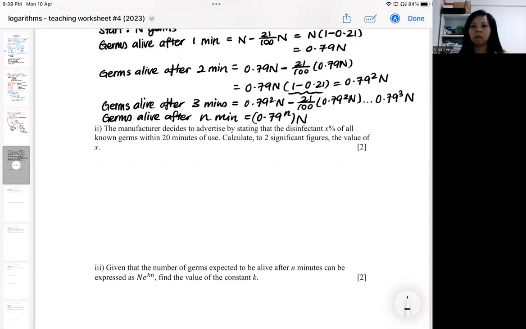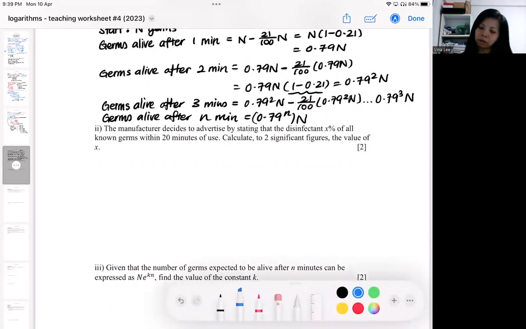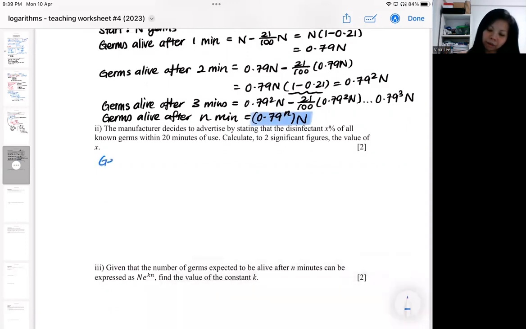So I'm going to use the formula. What is the amount of germs alive after 20 minutes? Based on the formula, that will be 0.79 power 20 times n.